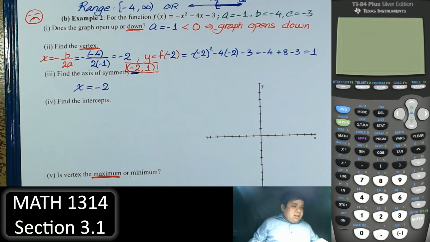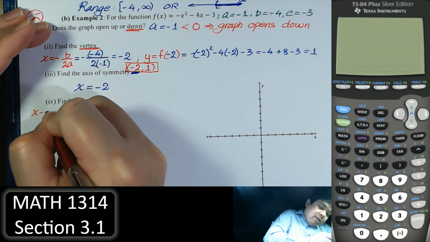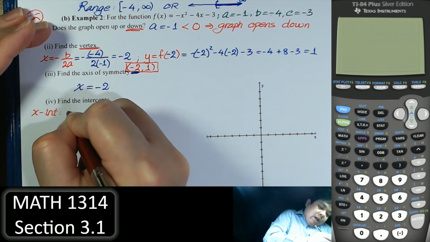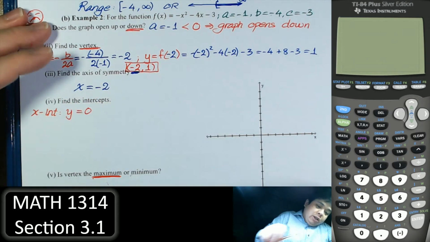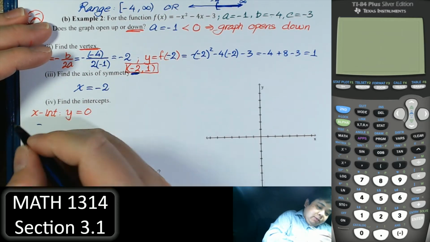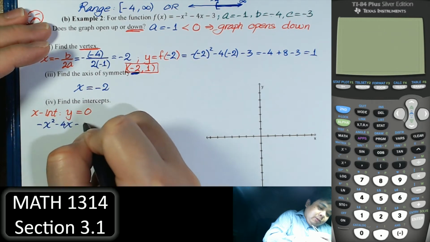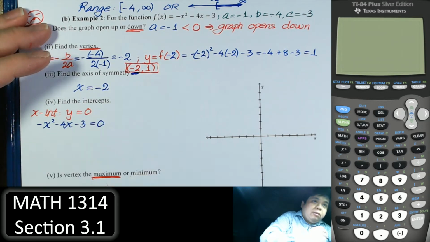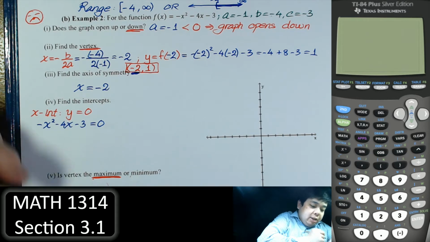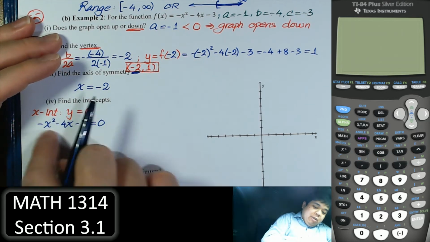Right. We have x-intercept and y-intercept. For x-intercept, let y equal to 0. So we let the function equal to 0. And then we just solve for it. I will divide by -1 on both sides.